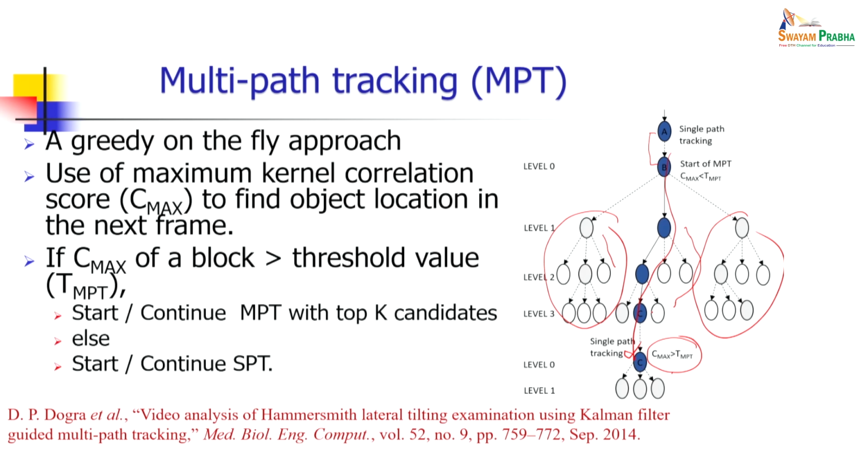So if the Cmax of a block is greater than the threshold value, you continue with single path tracking; otherwise you continue with the top-k candidates. If it is less than the threshold, you go on doing multipath tracking as shown here, and if it is greater, you continue the single path tracking.